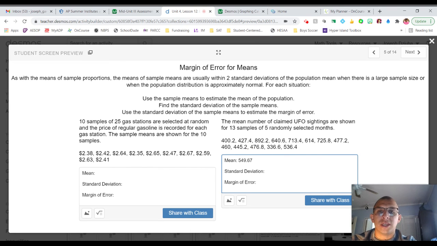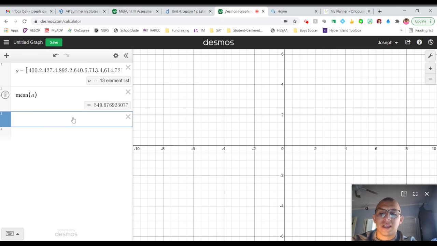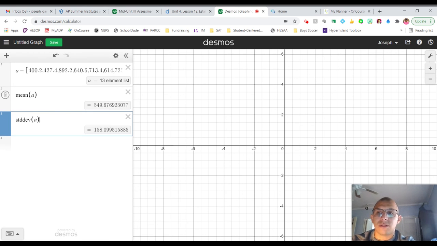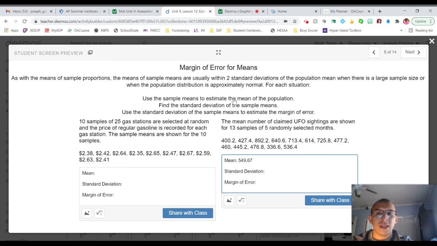So the mean of the population based on these sample means is roughly 550. So 550 UFO sightings, that's the average. If I want to calculate standard deviation, I would do stdev of list A, which is approximately 5158.09.